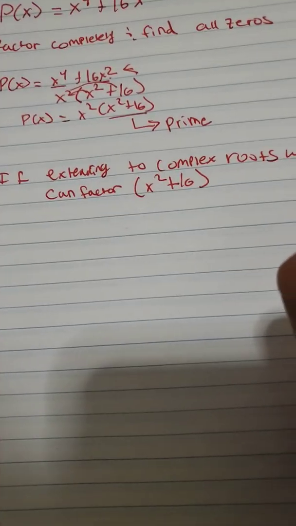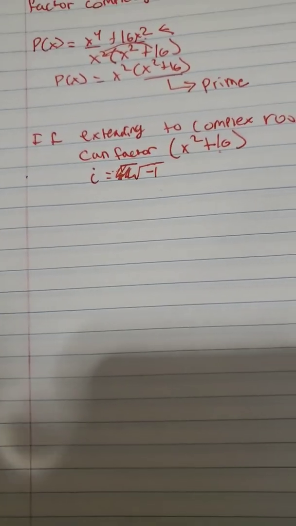The way it works is, if you guys remember, i is equal to the square root of negative 1, which is technically undefined.